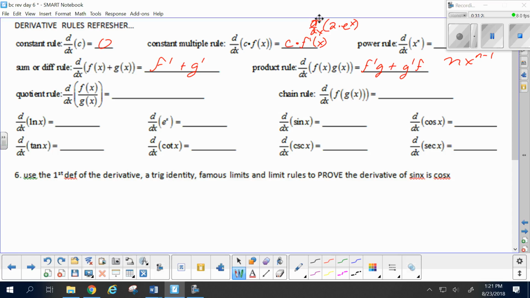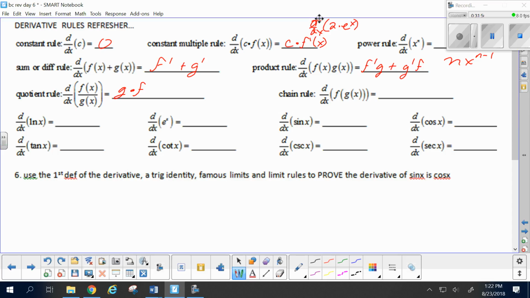Quotient rule. There's a song. Amanda, what is the quotient rule? Low. It's low, which is g. D. Low d high. Okay, low d high minus high d low over the square of what's below.